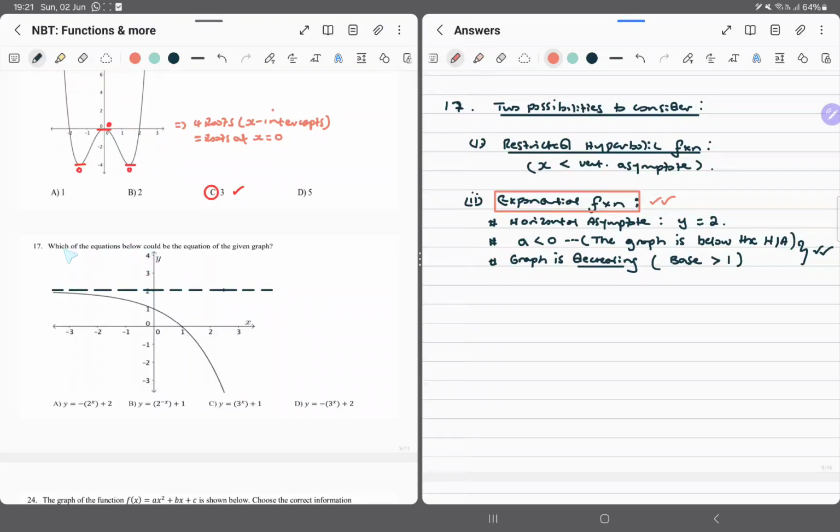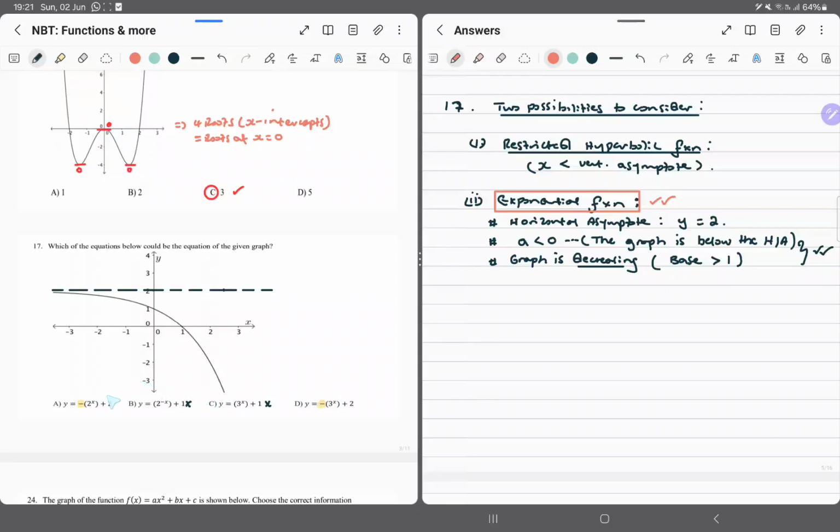Now, the question says, which of the following equations below could be the equation of the given graph? Now, we know that a is less than 0. So technically these ones, a is greater than 0, so they are already out. Elimination technique. Now we've got to dance with the 2. What else do we realize?